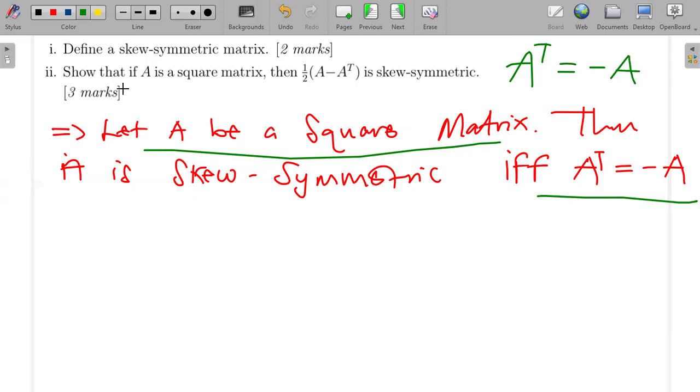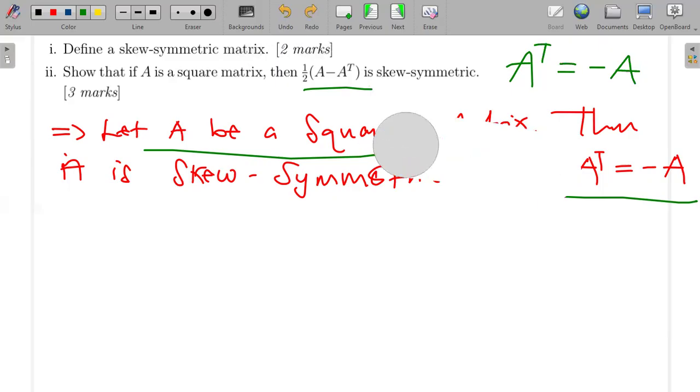Then number two, they were saying, show that if A is a square matrix, then one half times A minus A transpose is also skew symmetric. If you want to show that this is skew symmetric, we have to do the following.